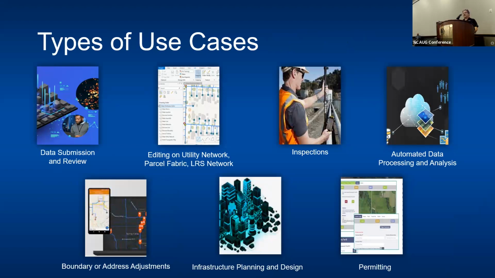And you can see from this slide here, there's a lot of different types of use cases for using Workflow Manager. I think that what this gives us, especially with inspections, asset management, using things like the utility network, parcel fabric, and the linear referencing networks, and some other parts to it.